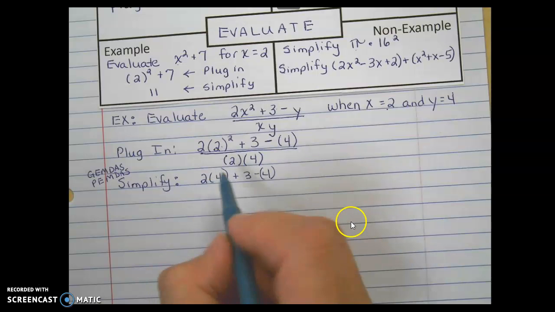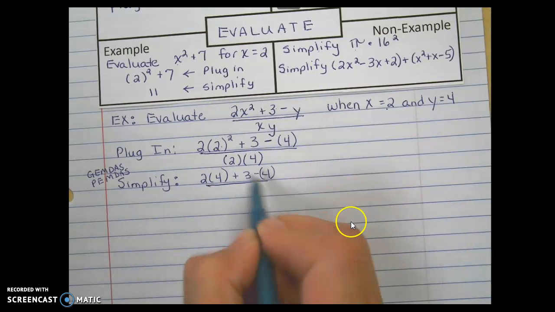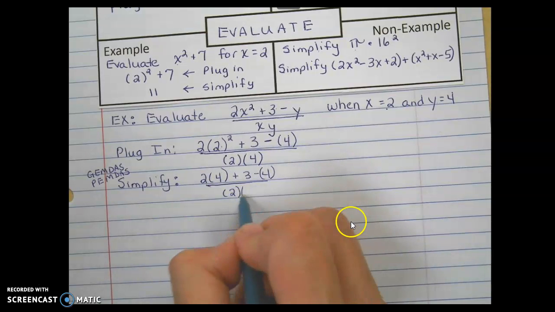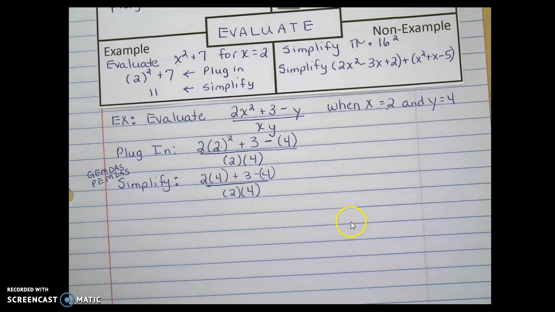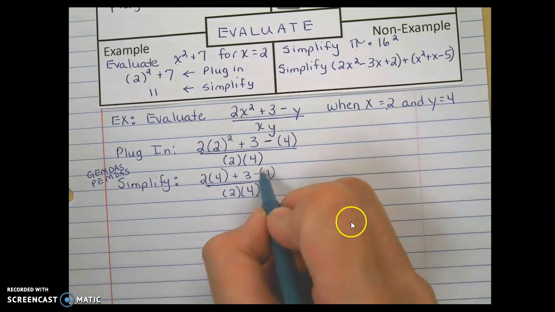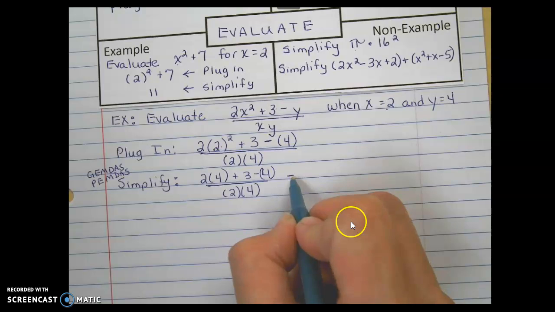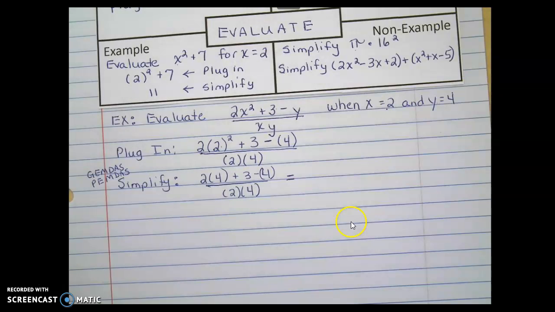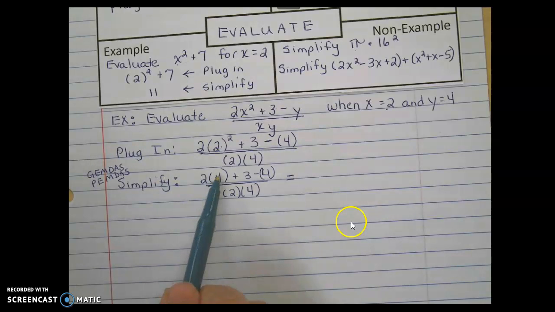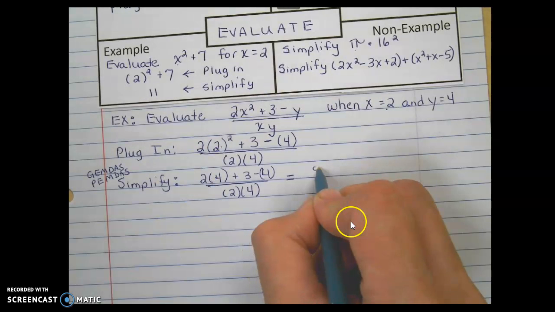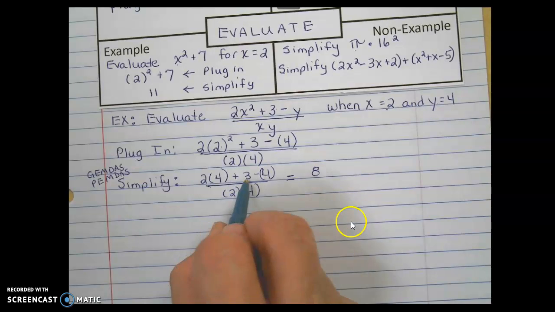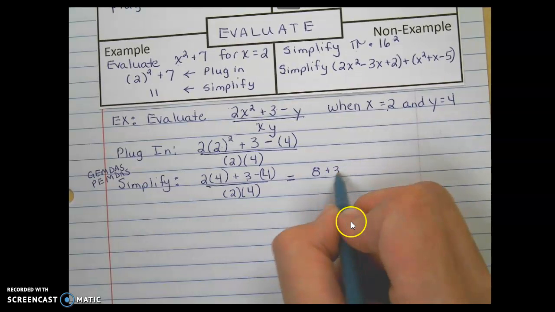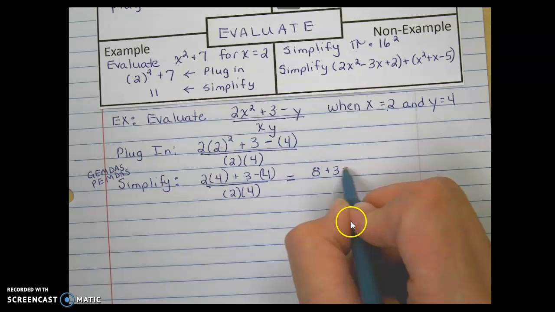On the bottom, 2 times 4. Now I'm going to go to the right. This is going to equal 8. 2 times 4 is 8. I just rewrite plus 3, subtract 4.